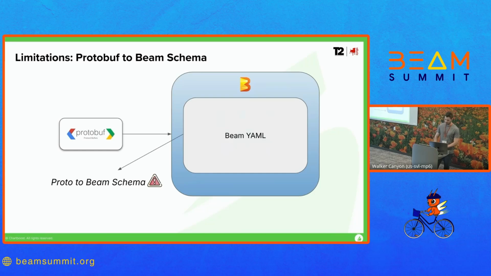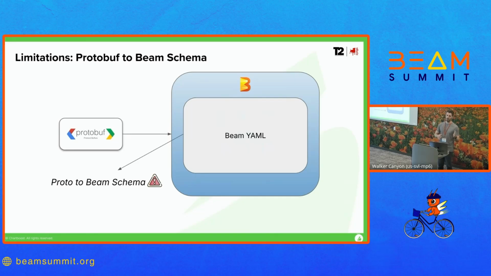Some of the limitations of Protobuf and Beam. Internally, Beam YAML uses Beam Row that translates into using Beam schemas. At the time I was developing this bit of Protobuf inside the Kafka IO and Pub/Sub Lite and all that, I had a bit of a problem because translating from a Proto schema to a Beam schema is not always a one-to-one translation. There are certain options that are not allowed.